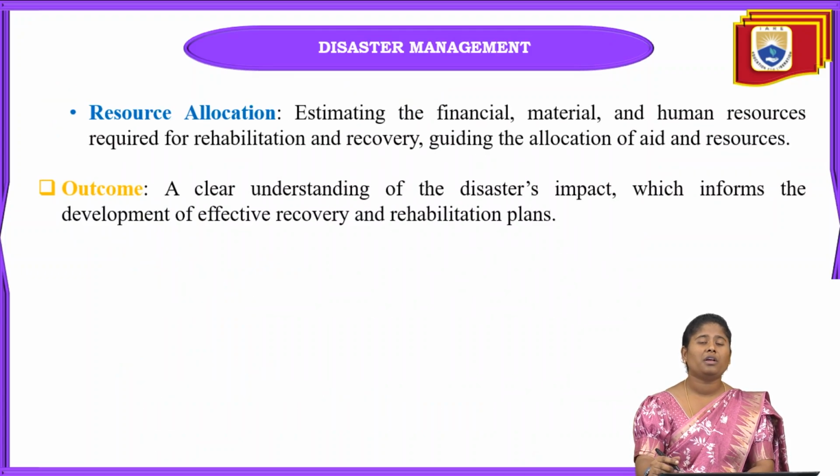And next is resource allocation. We have to estimate the financial, material and human resources required for rehabilitation and recovery. We have to allocate the resources to the disaster-affected places, considering what rehabilitation and recovery we can do, so that we can guide the allocation of aid and resources to that place.